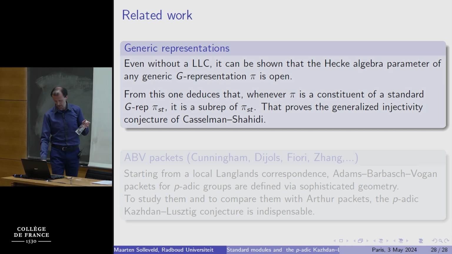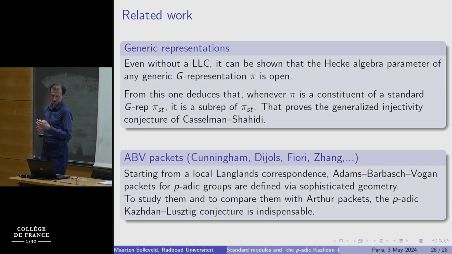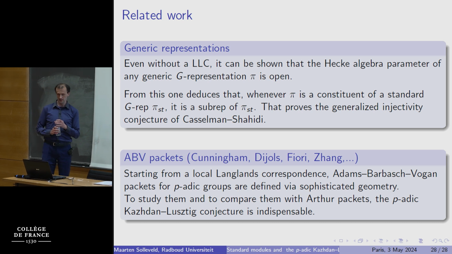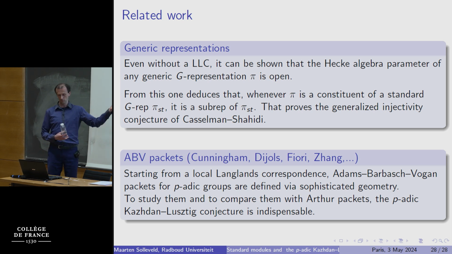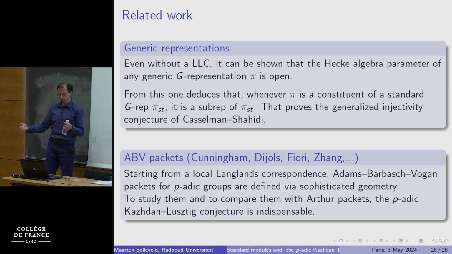Another reason why people have looked at this more recently, say in the last 5-6 years, is related to Adams-Barbasch-Vogan packets, which were in principle defined for real reductive groups as a kind of geometric analog of Arthur packets. This has also been defined for reductive p-adic groups as an alternative to Arthur's definition of Arthur packets for, say, classical p-adic groups.